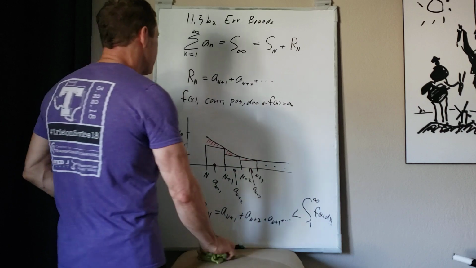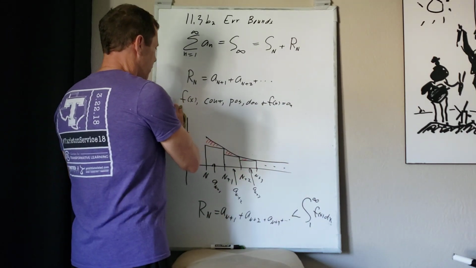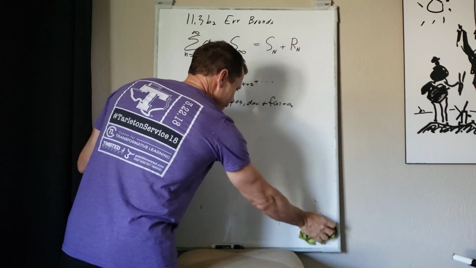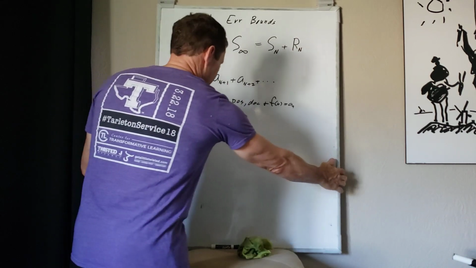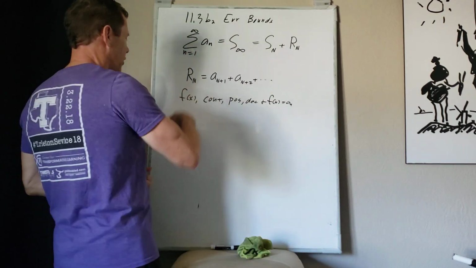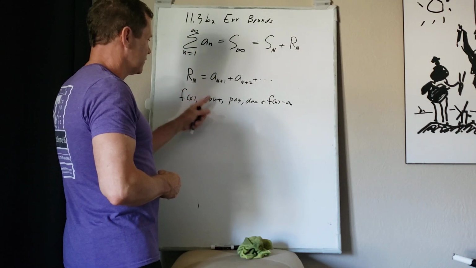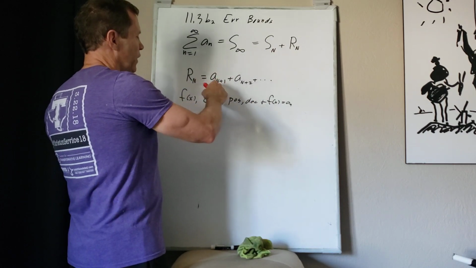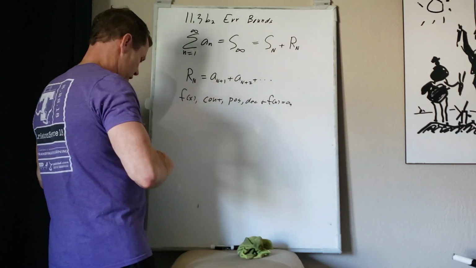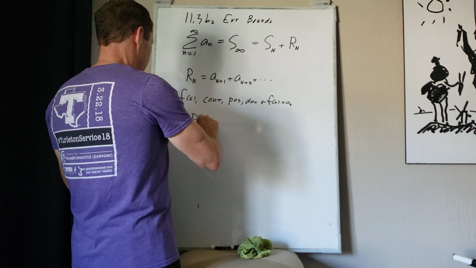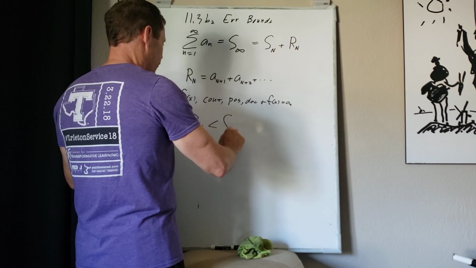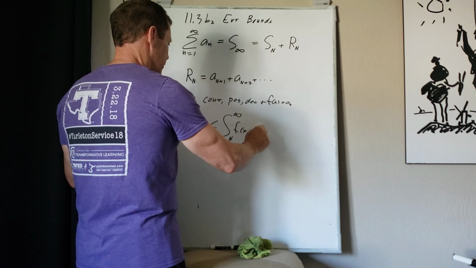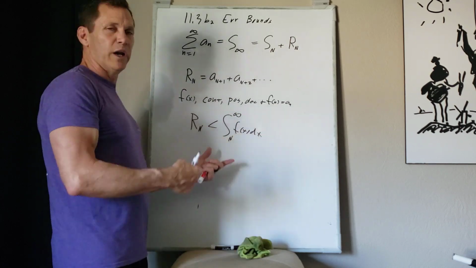So what do we know? If we have a remainder term, and we can find a function that's continuous, positive, decreasing, and matches the sequence at the integer points, then we know that the remainder is less than the integral from n to infinity of f of x dx, and that allows us to get an upper bound for error.